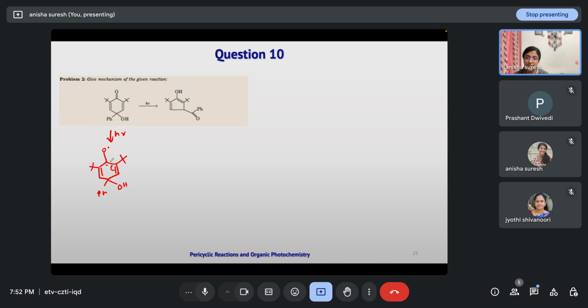This bond can shift here, leading to formation of an enol radical, O dot, and here a radical will be forming. Okay, then this radical can combine with this alkene, leading to formation of a cyclopropyl intermediate.